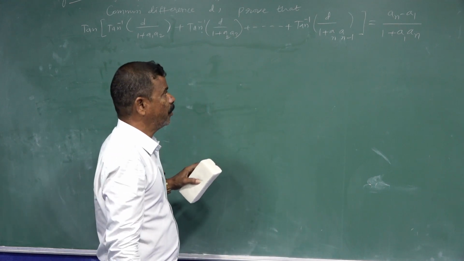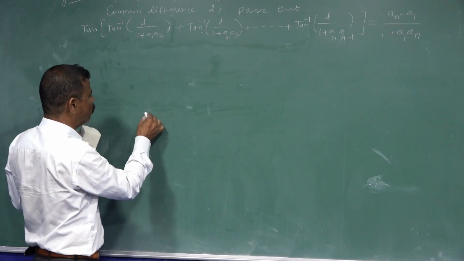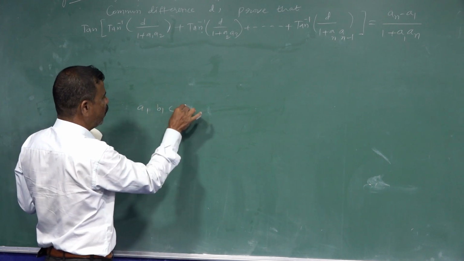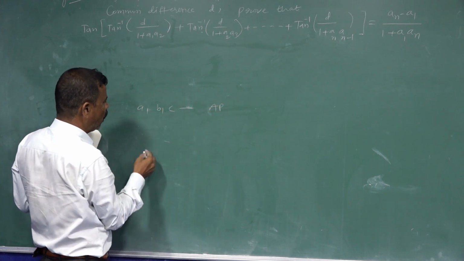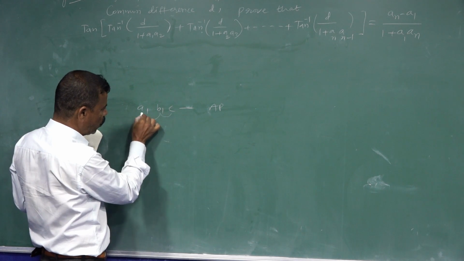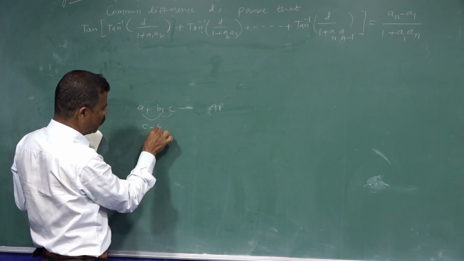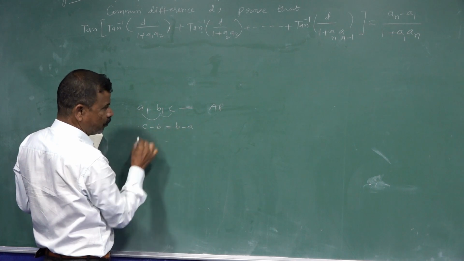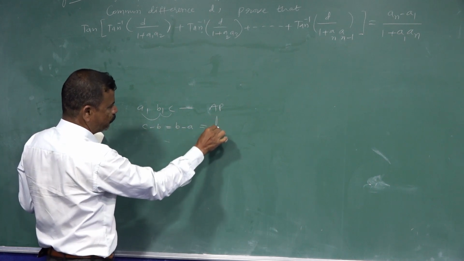Now we prove that. Actually, arithmetic progression means what? Suppose a, b, c are in AP. Then what is equal? The difference of these: c minus b is equal to b minus a. This is the common difference.